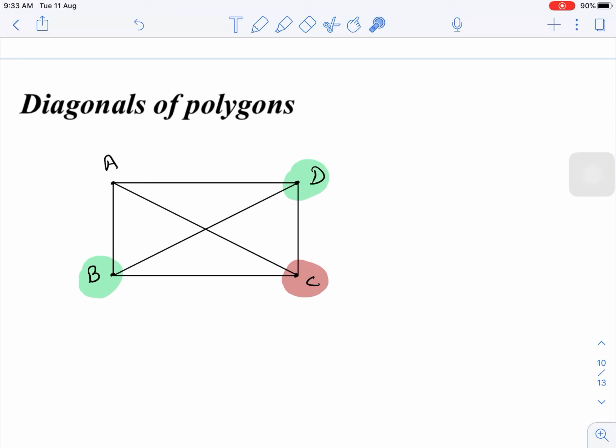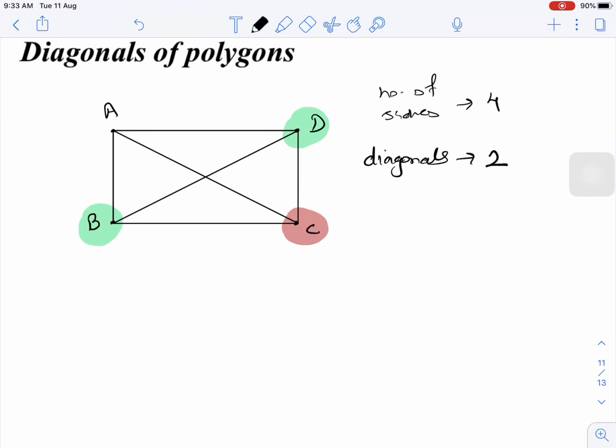For this figure, how many diagonals are possible? Two diagonals are possible. What is the number of sides? The number of sides is 4. So a polygon with 4 sides has a maximum of 2 diagonals.